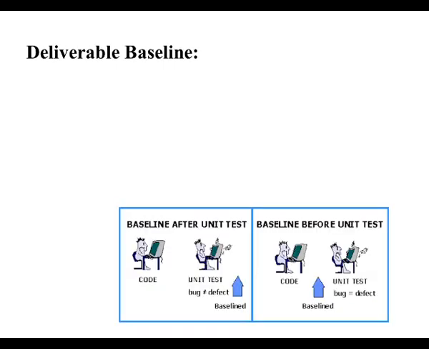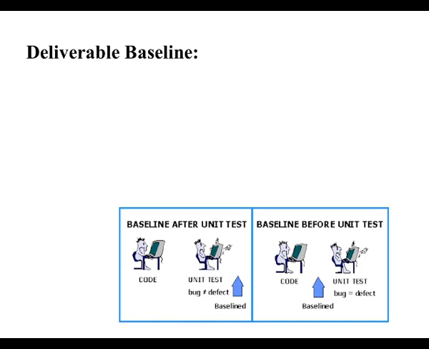The next stage of the defect management process is deliverable baseline. When a deliverable, that is either a system, product or document, reaches its predefined milestone, then you can say the deliverable is a baseline.